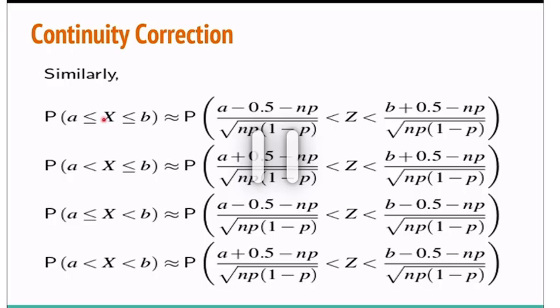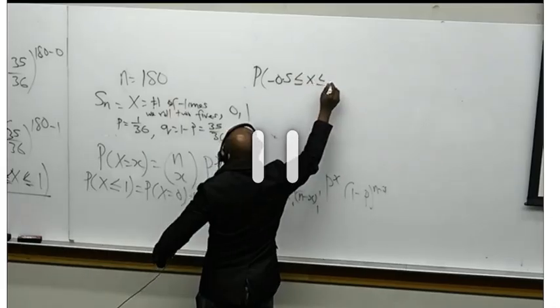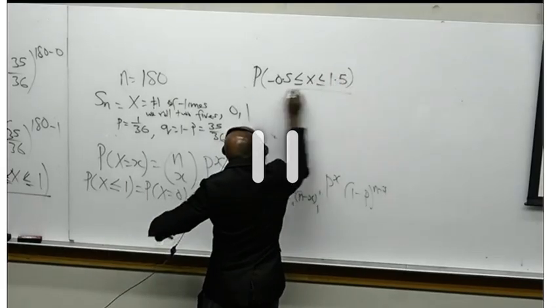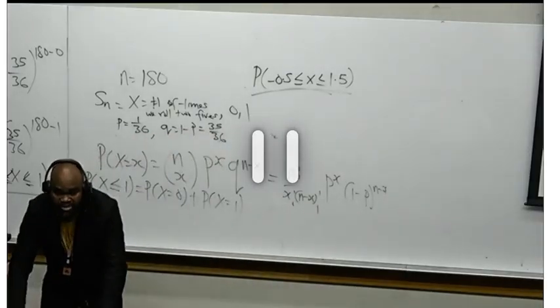Then I'm going to subtract 0.5 from the lower bound, and add 0.5 to the upper bound, which means I'm going to subtract 0.5 from 0 and add 0.5 to 1 before I use normal approximation. So what I'm going to be working with is the probability of negative 0.5 less or equal to X less or equal to 1.5, after applying continuity correction.